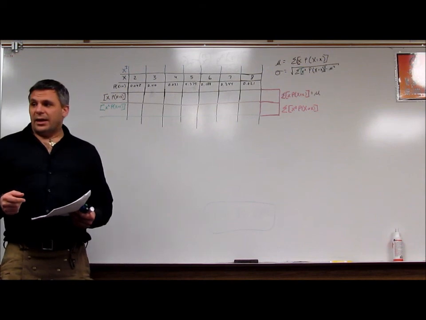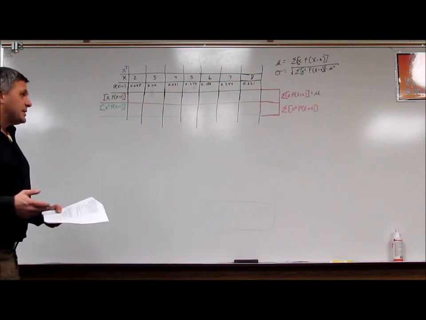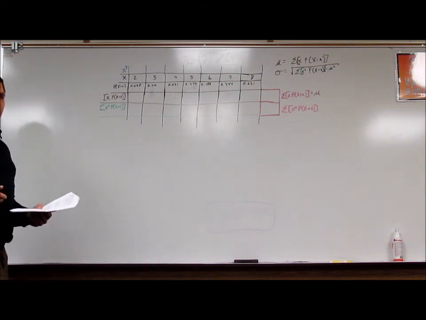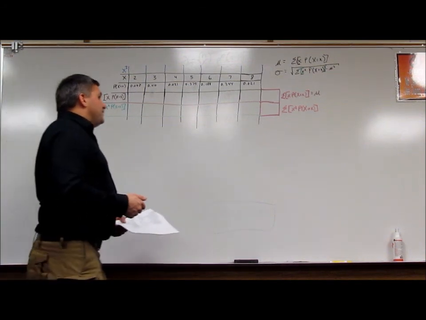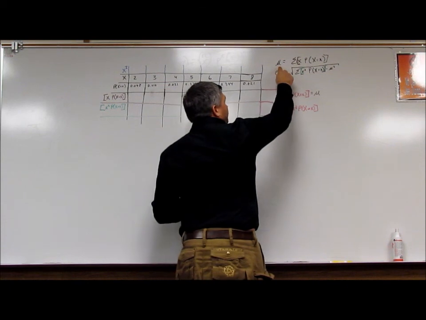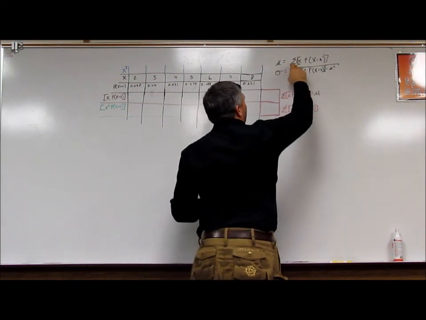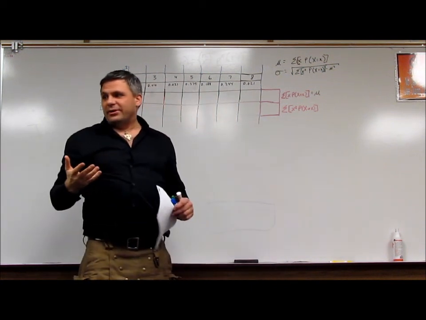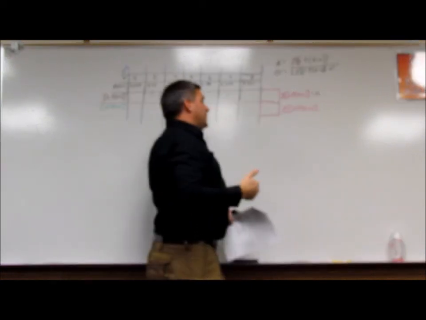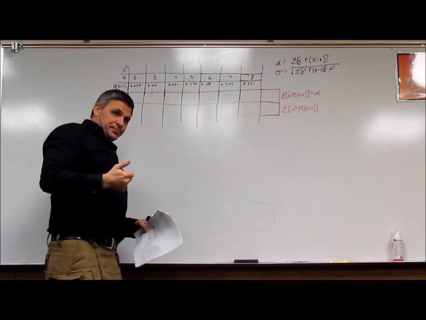In this case, since it's a population mean, we're going to be looking at mu. So to find mu, we're going to find the sum of the x's times the probability of the random variable, which is the probability of big X equaling little x.